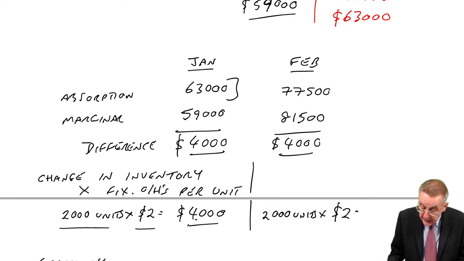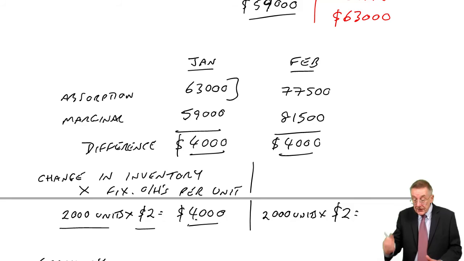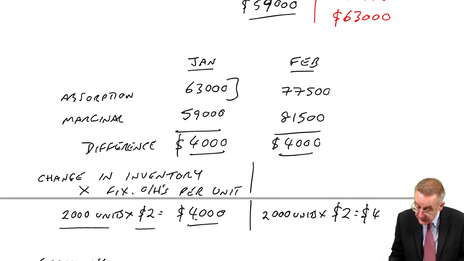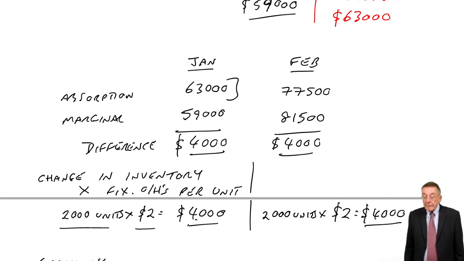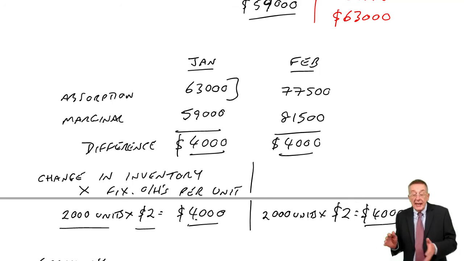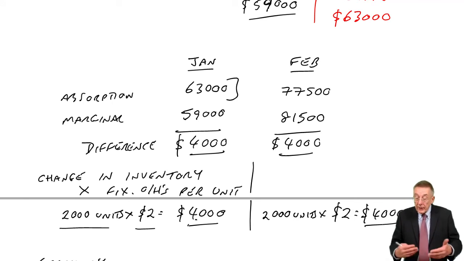The fixed cost per unit when we absorbed were $2. And so the difference is 4,000. In the long term, marginal and absorption will be the same. It doesn't make any difference. But month by month, there'll always be that difference due to the change in inventory.